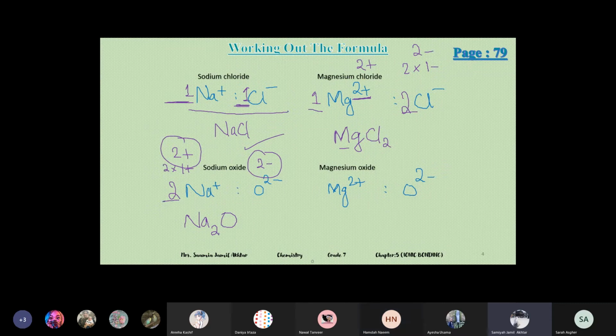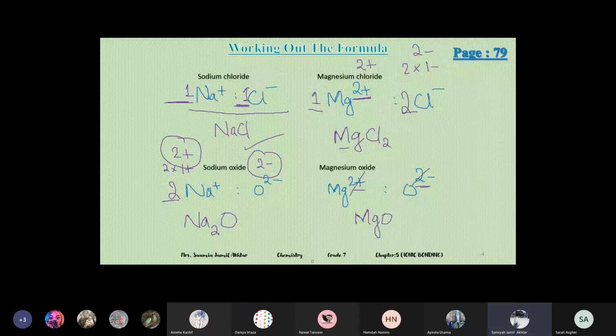Okay, magnesium oxide. Magnesium and oxide are already balanced. If the two charges are equal and already balanced, then we will simplify it. Positive and negative will cancel out each other, and the formula will be simple MgO.